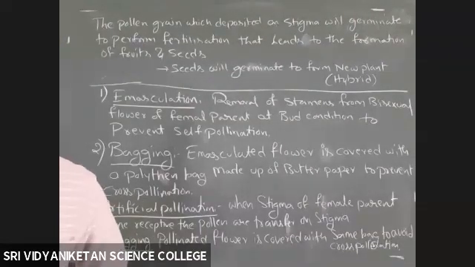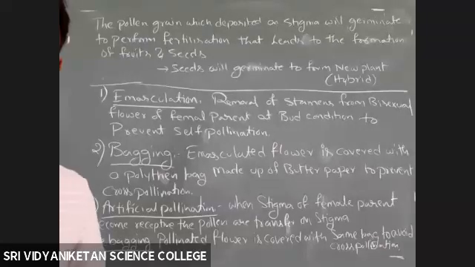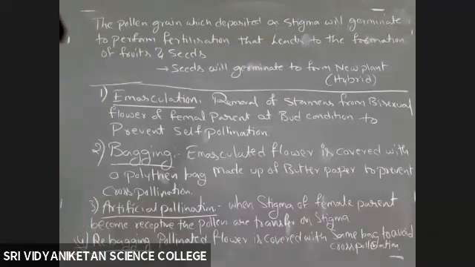There is no role of the vegetative cell in fertilization. The vegetative cell can produce the pollen tube. After that, there is no role in fertilization, so that vegetative cell will degenerate. Yes, the female parental plant is bisexual. That's why we remove stamens at bud condition. When stamens are removed at bud condition, there is no chance of self-pollination.